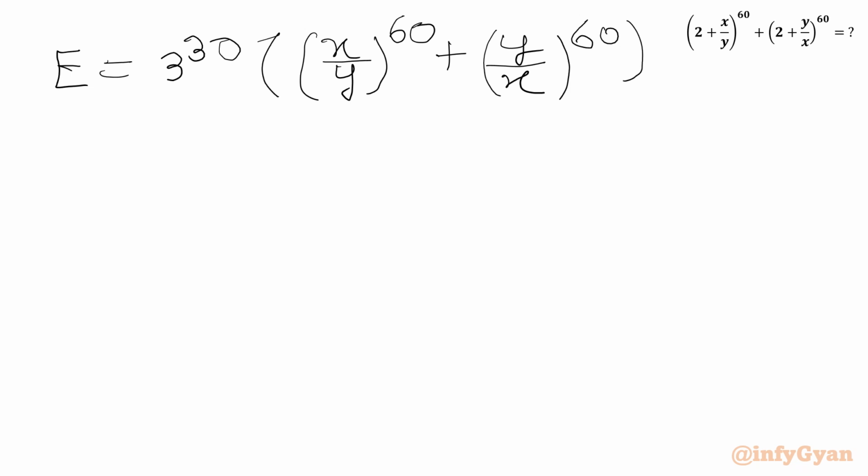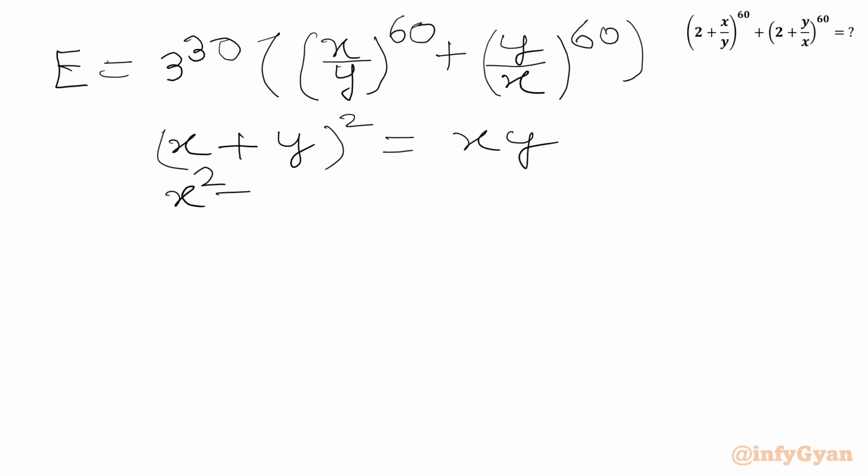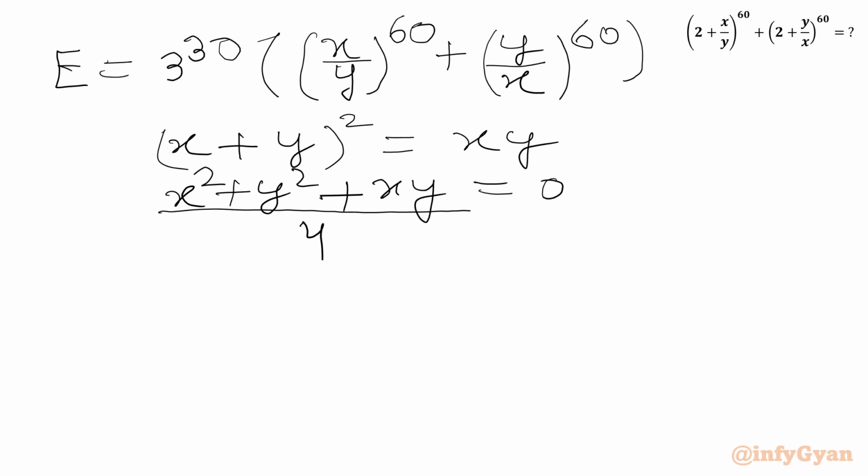So I will write our equation (x + y)² = xy again. Now we will write x² + y² + xy = 0. Now we will divide our equation by y², both sides, as y cannot be 0.